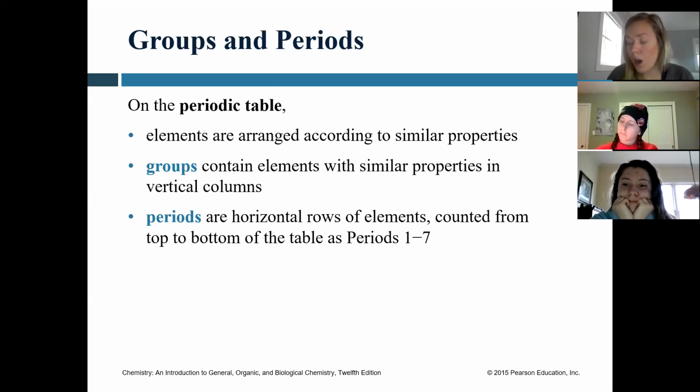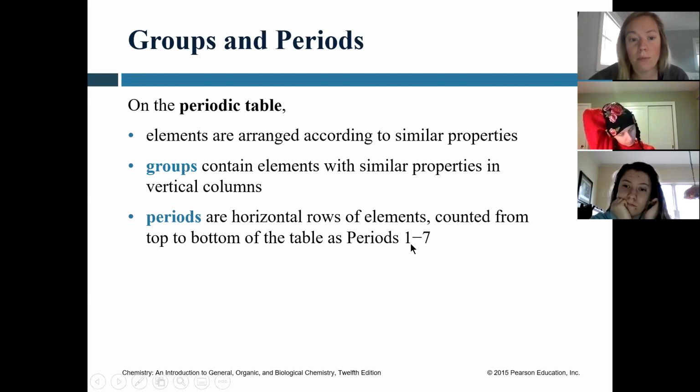So when you move across, like let's say we look at period 4 where potassium, calcium, scandium, titanium are, those guys are not similar to each other property-wise. And potassium, if you jump all the way over to the other side, is in the same period as krypton. Those things, again, couldn't be more different from each other. So don't assume if they're in the same period that they're all going to have the same properties.